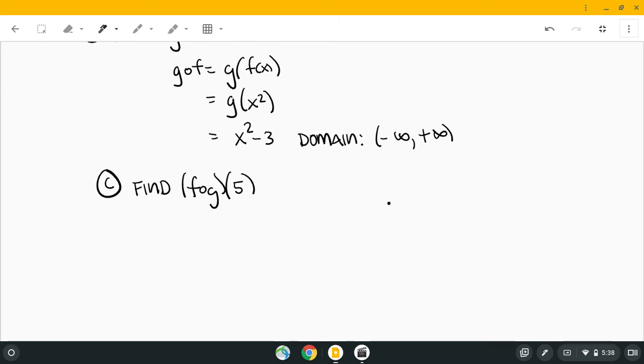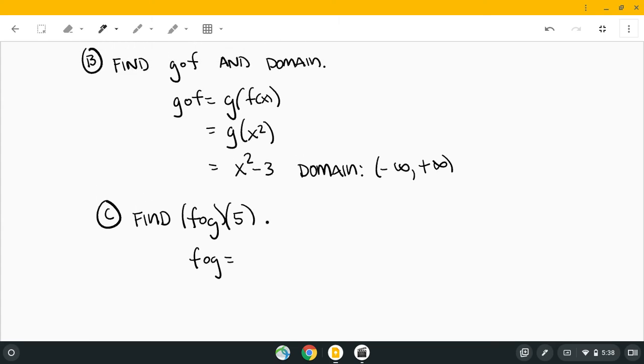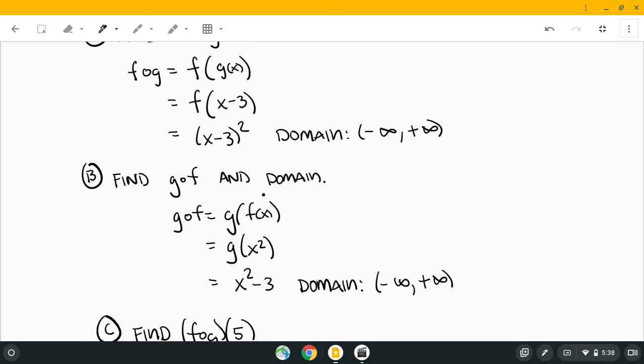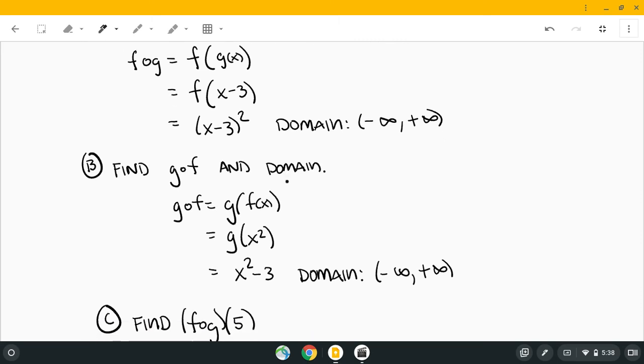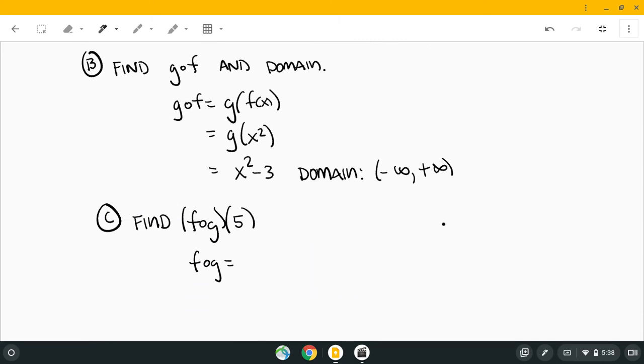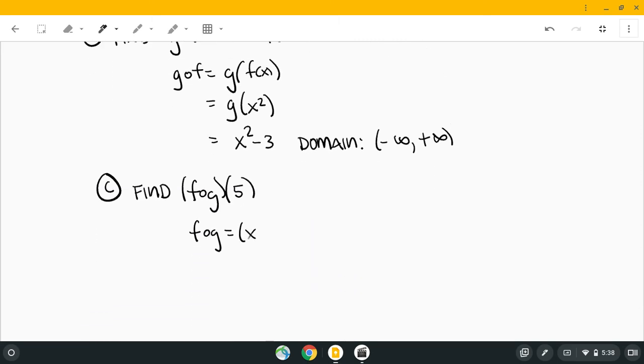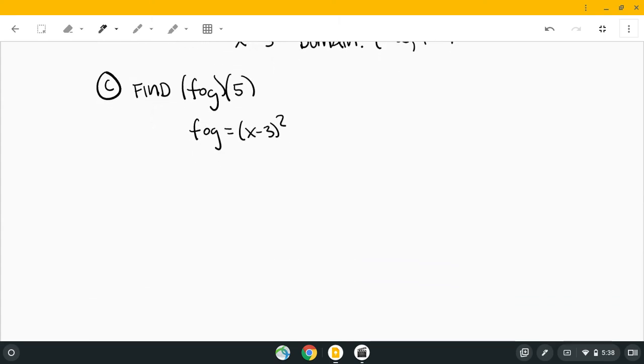Okay, so let's take a look. We already know what f circle g is because we did it up here. f circle g is x minus 3 squared.